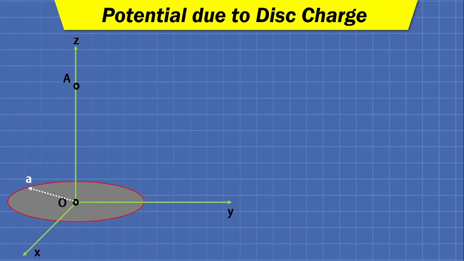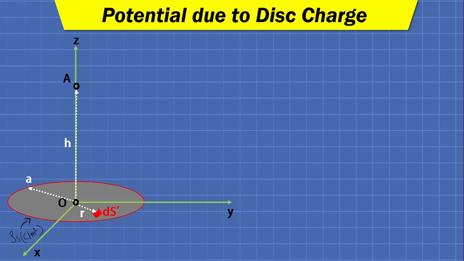Here the charge is distributed on the surface, so considering rho s as coulomb per meter square uniform charge distribution on this surface, then h will be the distance of the point of interest from the origin on the z axis.